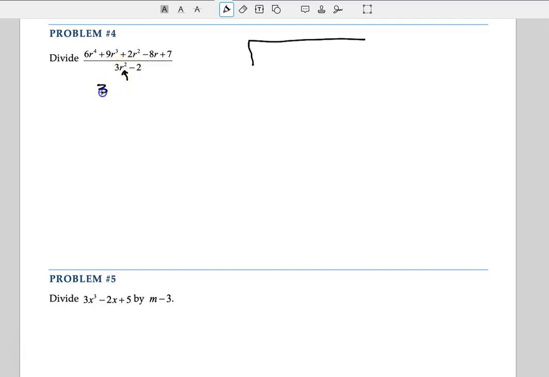So I really want to write this as 3r squared plus 0r, and I'll show you why this makes a difference when we're doing this, and then minus 2. So that's what we need to put out here. Include that 0 out there. So I'm going to have 3r squared plus 0r minus 2.